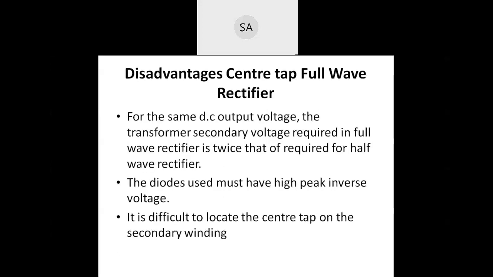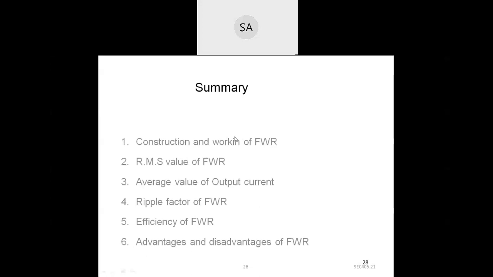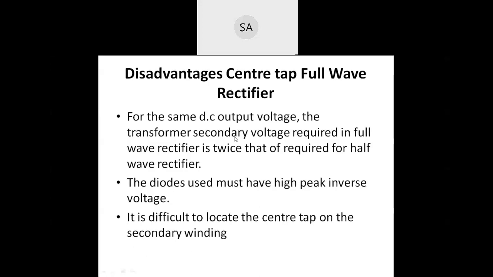So these are the topics we discussed in this lecture: full wave rectifiers and their classification, center tapped full wave rectifier circuit, working, diagram, IRMS, IDC, peak inverse voltage, ripple factor, and efficiency.